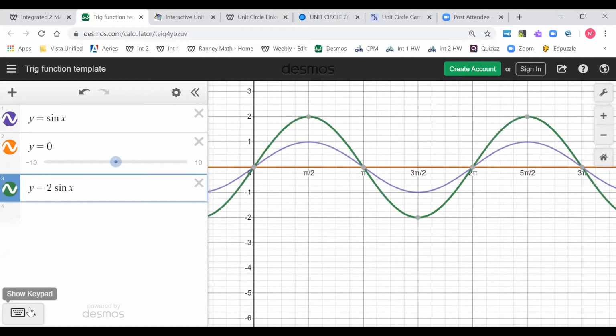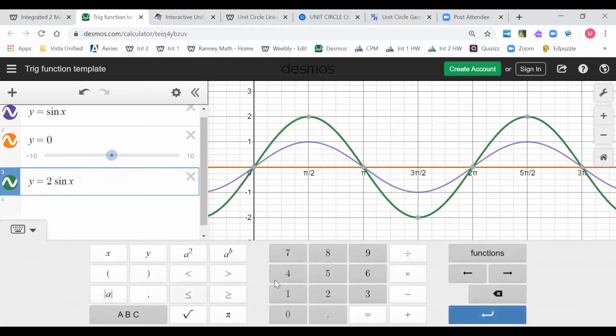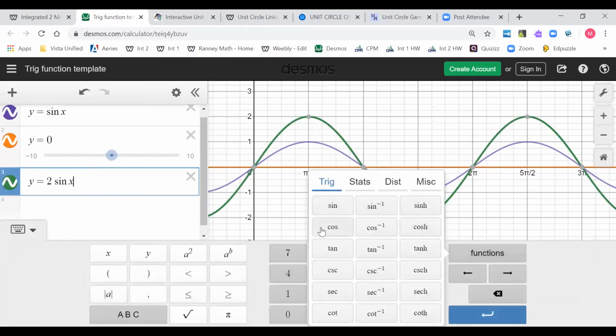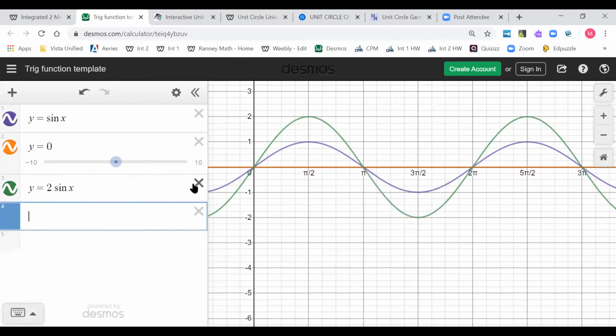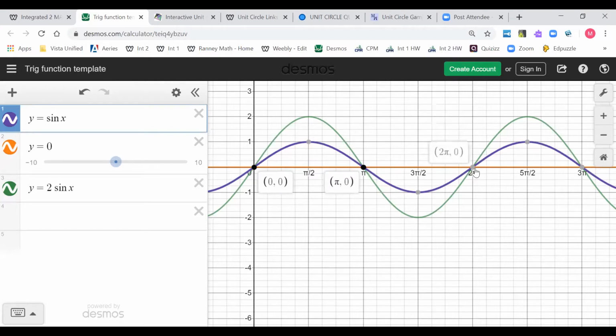Just a little note, if you hit the keyboard down here and you come over to functions, they have all of them here you could pick from if you didn't want to have to type it out. Another option. So here is in green. Now what you'll notice is it's here at 0. All the zeros are the same.